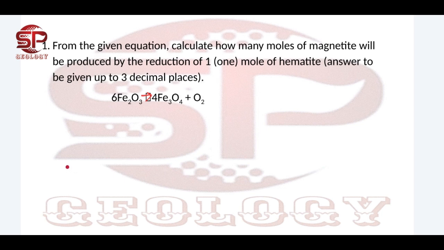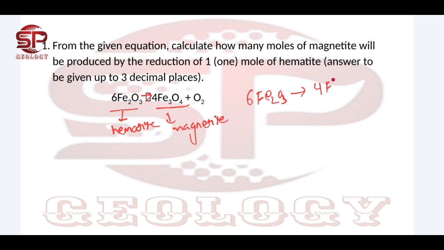From the given equation, calculate how many moles of magnetite will be produced by the reduction of 1 mole of hematite. When you see this type of question, first you have to look at the equation and identify which is hematite and which is magnetite. This one is your hematite, this one is your magnetite. In this equation it is written 6 Fe2O3 producing 4 Fe3O4 plus O2.